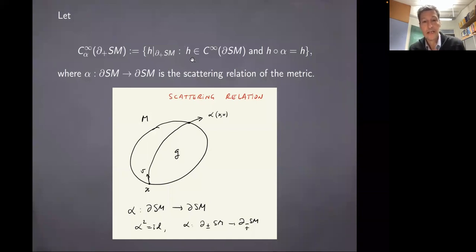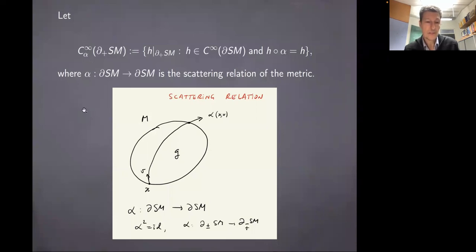Basically, I take a C-infinity function h on the boundary of the unit tangent bundle with the property that it is invariant under alpha. That means that the function at the point alpha of xv has the same value, and then you take the restriction of that function to the partial plus. I denote this subset of all C-infinity functions on the influx boundary by C-infinity alpha.